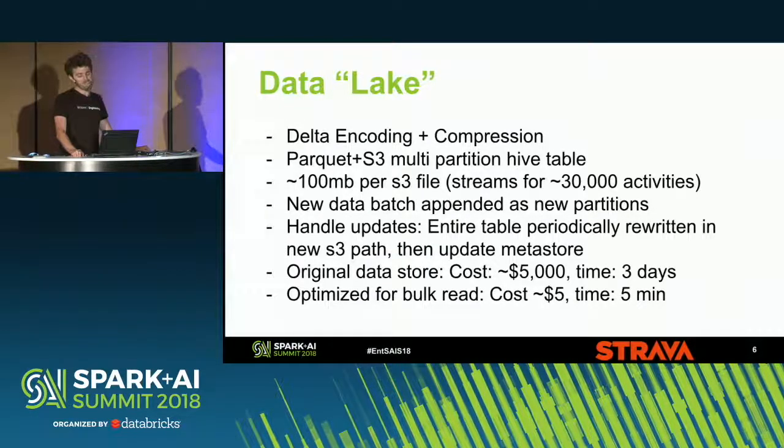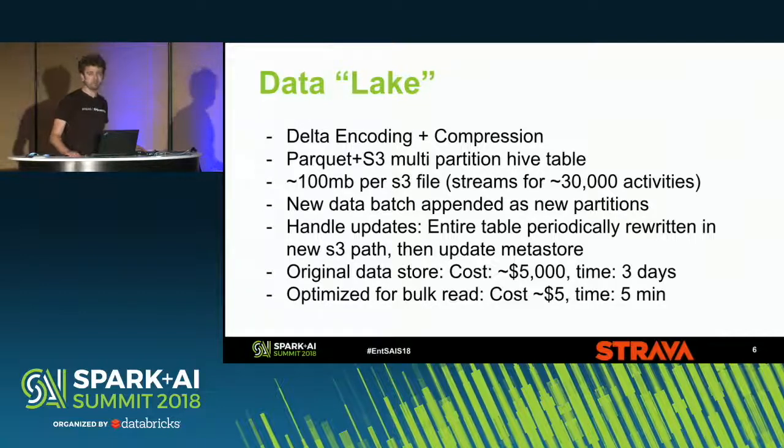So what I did about a year ago is I thought we really need some way of doing a cheaper bulk read of this data. So I put together my own data lake system where we are storing all the stream data in a compressed format in Parquet files, partitioned by just some partition key like timestamp.